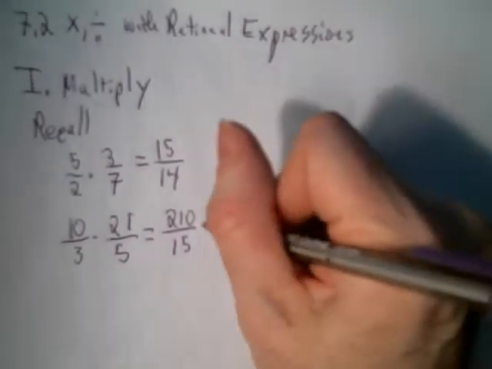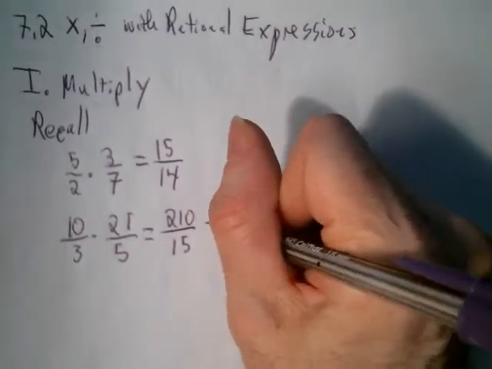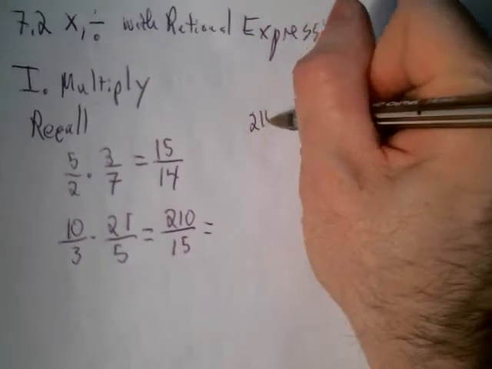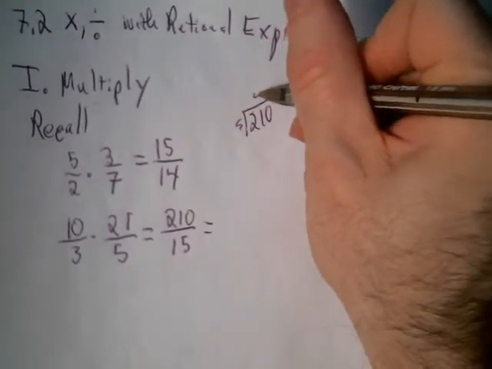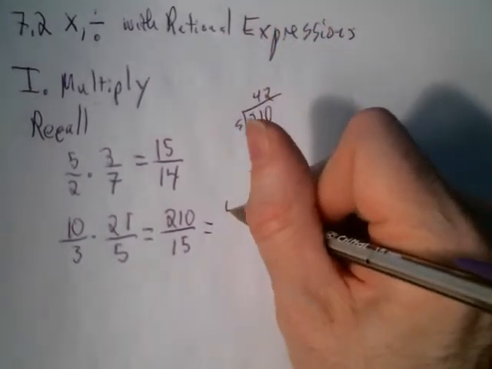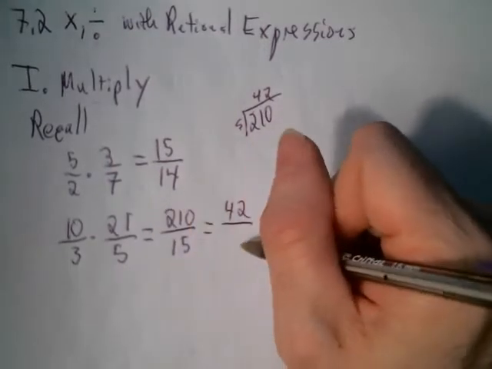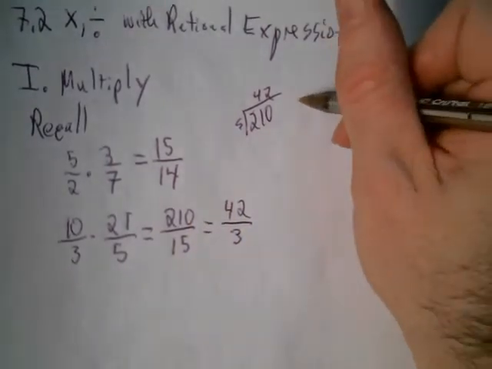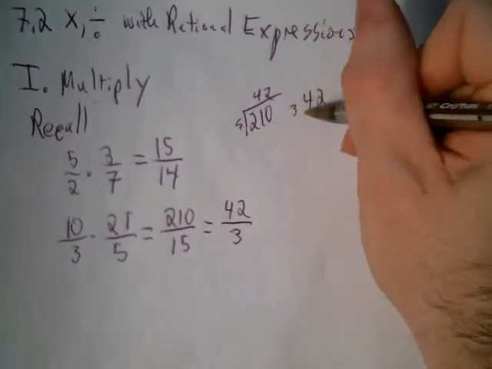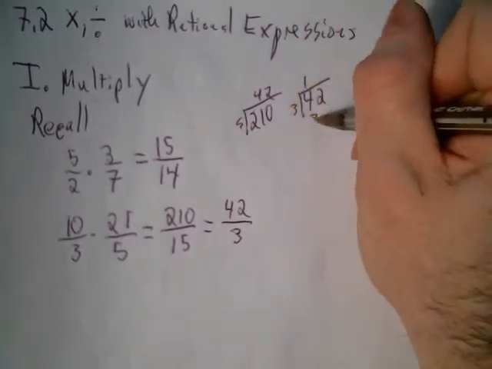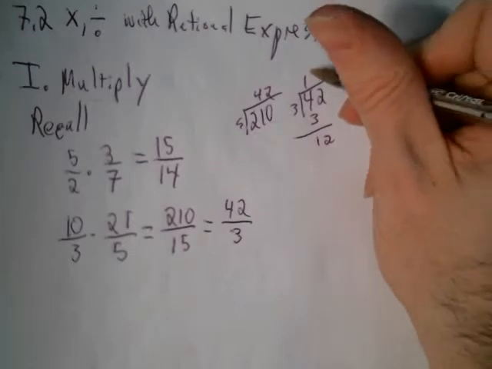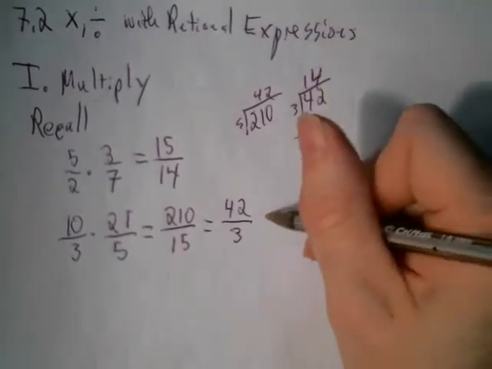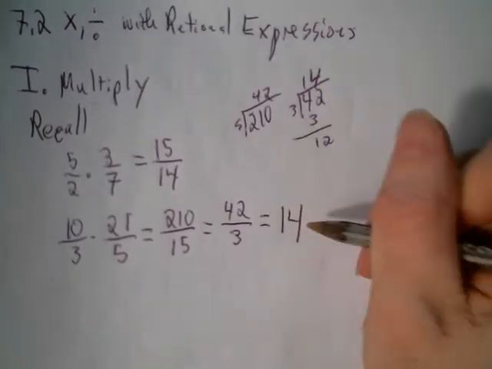You can divide 210 by 5, 42, and then 15 divided by 5 is 3. And then I think 42 is divisible by 3. So 1, 3, 1, 14. So this is equal to 14.